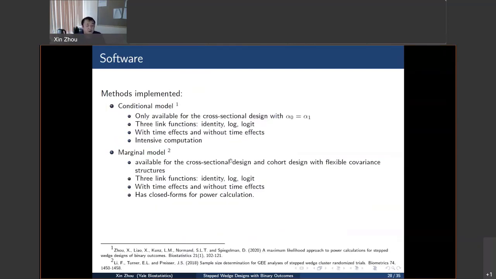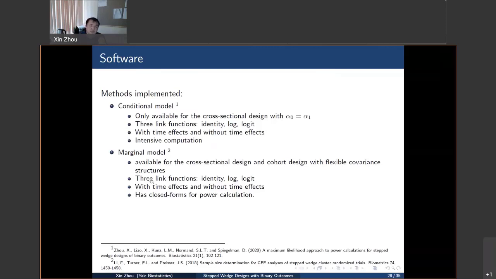Okay, for binary outcome, we implement both the conditional model and the marginal model. The conditional model is only available for the cross-sectional design with exchangeable variance structure. That is, alpha 0 is equal to alpha 1. And it also includes 3 link functions with time effect and without time effect. As I mentioned before, the computation is high, and we are now working to improve the computations. For the marginal model, the software can handle the cross-sectional design and the cohort design.